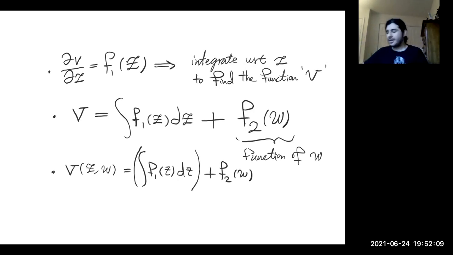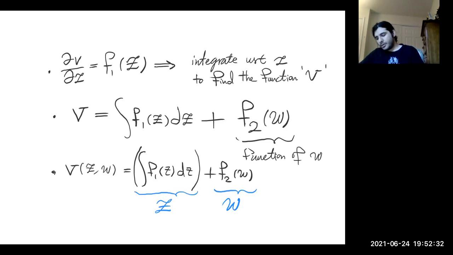But it didn't work. But here it does. You see, v, which satisfies the modified wave equation, can be written as one part which is a function of z, plus another part which is just a function of w. They're not mixed. And that's great.